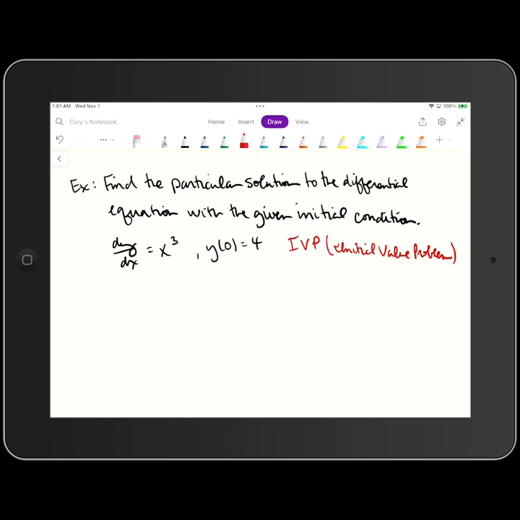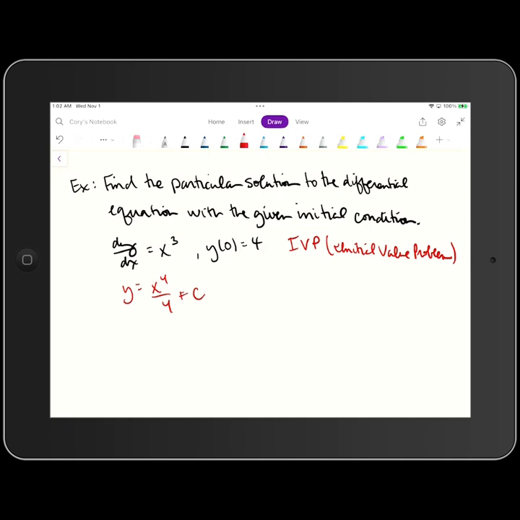Okay, so if we work through this IVP, we know that when we take the antiderivative of dy over dx, that gives us y. The antiderivative of x cubed is x to the 4th power over 4 plus the constant c. And then we can plug that initial condition in to find the particular value for c.